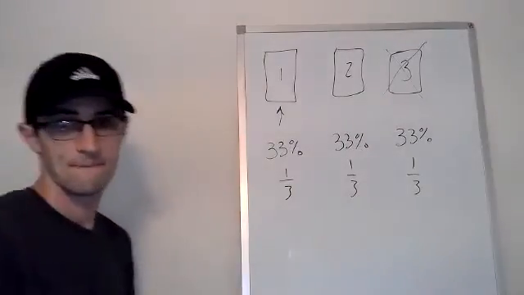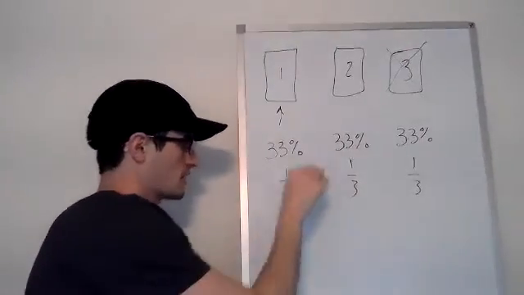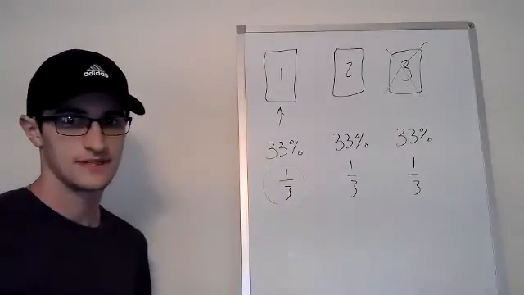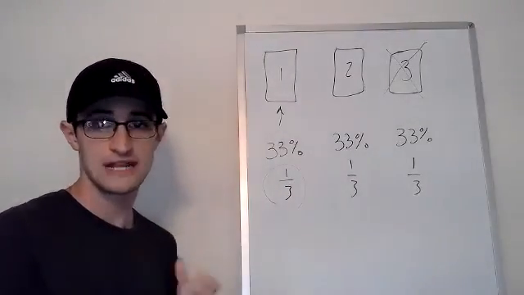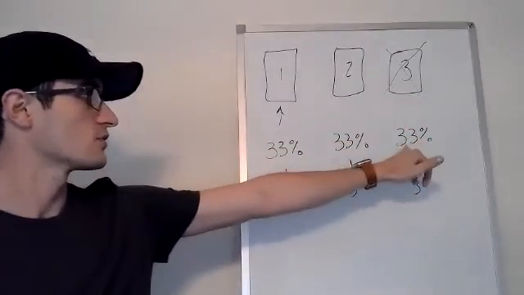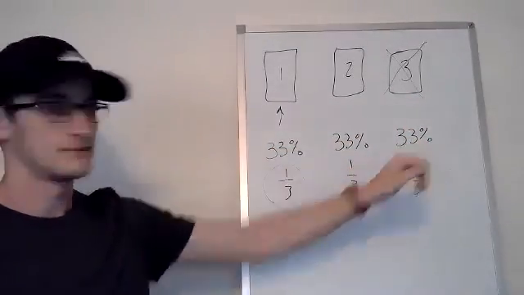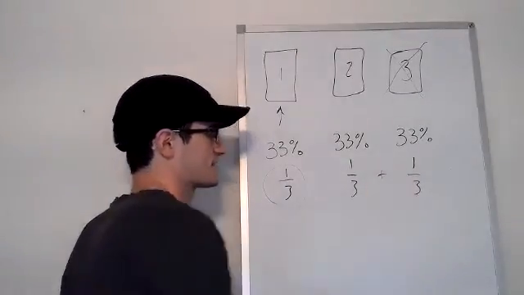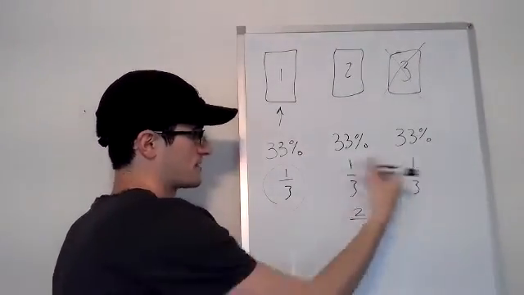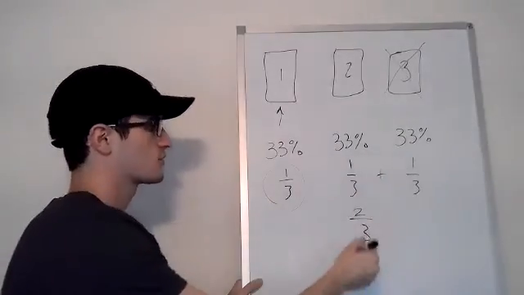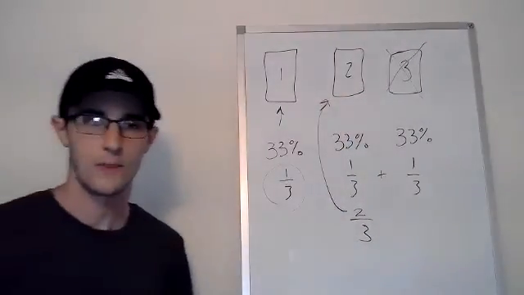Okay. So if you pick 1, there's a 1/3 chance you got it right. There's a 2/3 chance it's on the other 2 doors. Now, if I eliminate one of these doors, this chance doesn't just go away. This probability doesn't go away. Instead, it gets added to the other door. Now, that 2/3 being the other 2 doors is now assumed by one door, the one that's left.